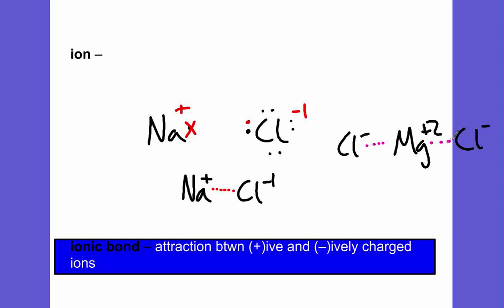And there's actually 2 ionic bonds in that compound, in that situation. But it's the same deal. The magnesium loses 2 electrons, and those 2 chlorine atoms gain those electrons to make those ions to begin with.